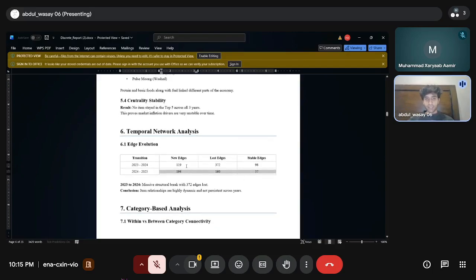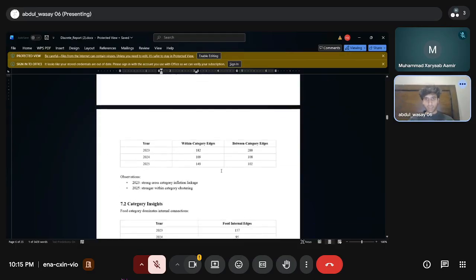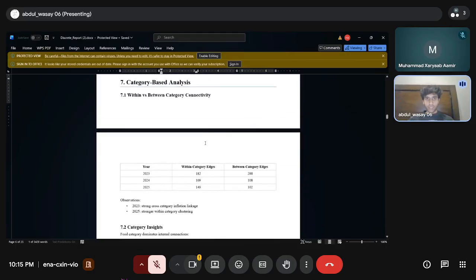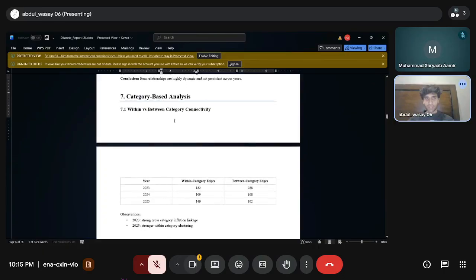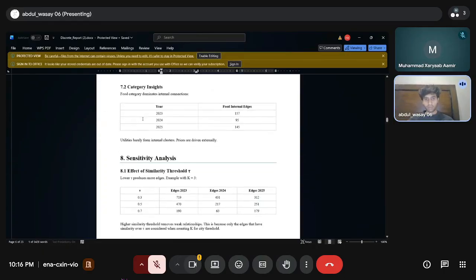We can clearly see from these numbers that 2023's graph was way more concentrated, way more dense, and 2024 lost a lot of edges. However, it did gain back some of those edges in the next year. So this is basically year-wise analysis, which Zaryab will get into in a while.